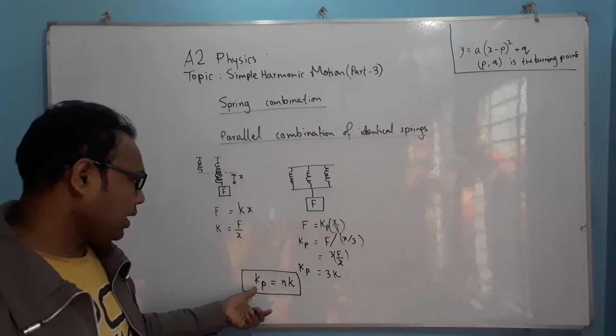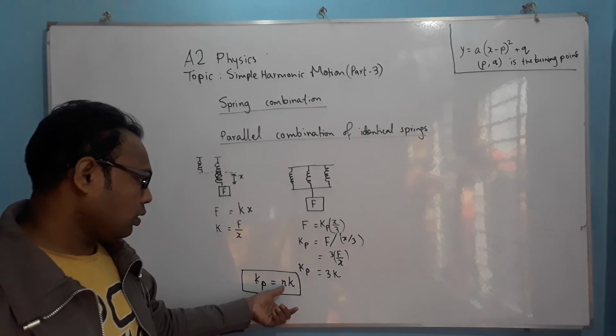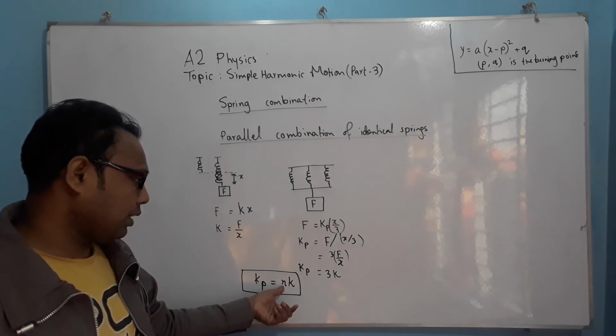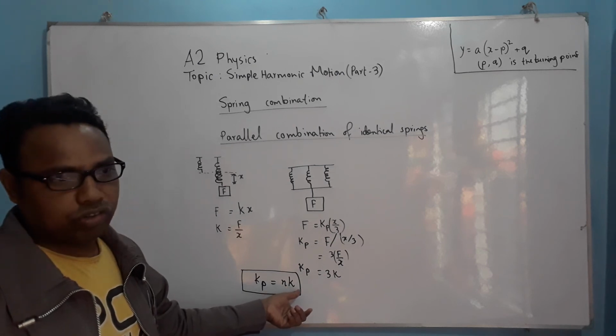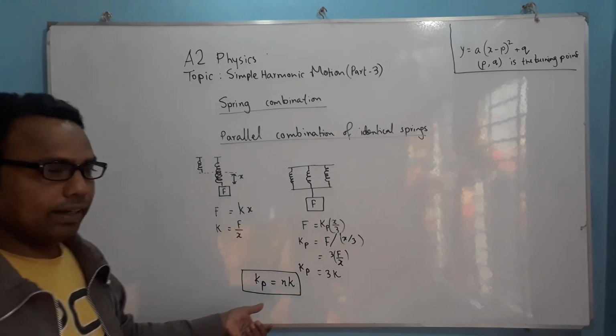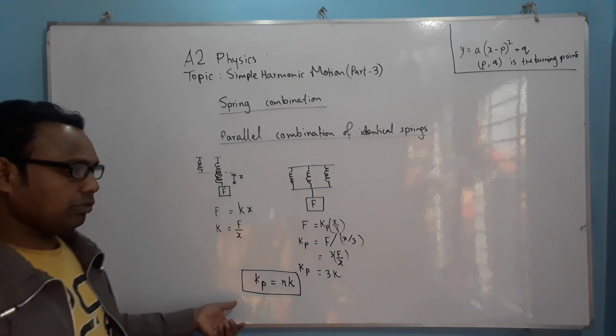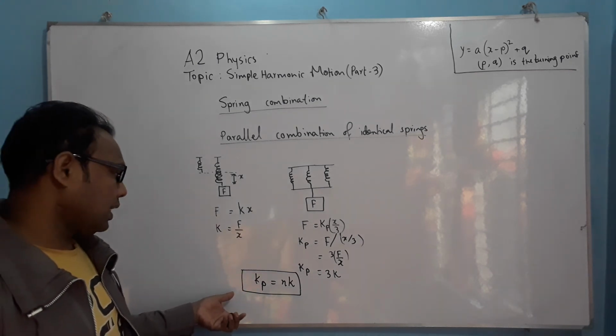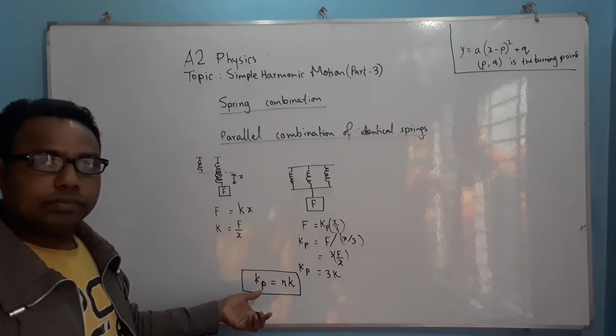That is, Kp is equal to the number of identical springs used in that combination times the spring constant. So the net spring constant for a system where the springs are connected in parallel combination is increasing.